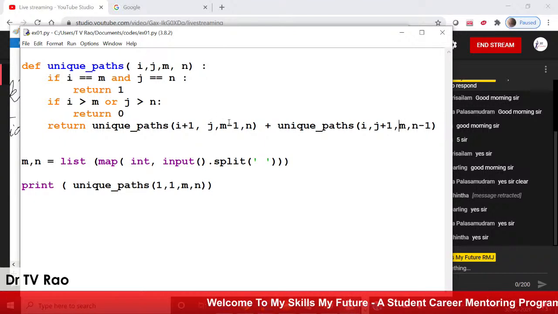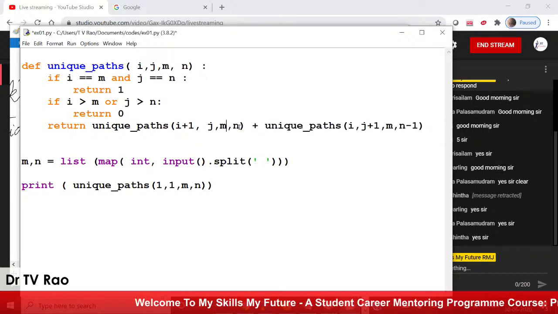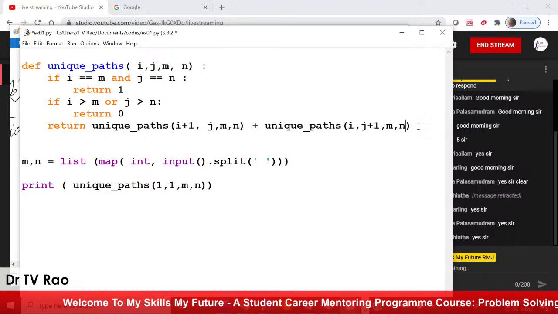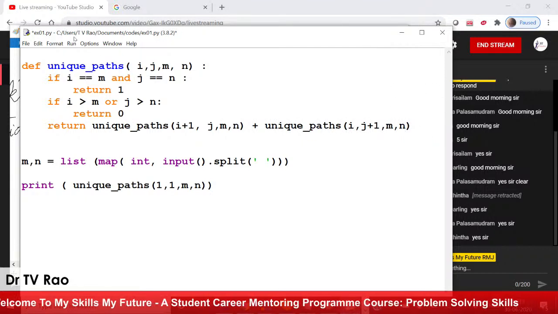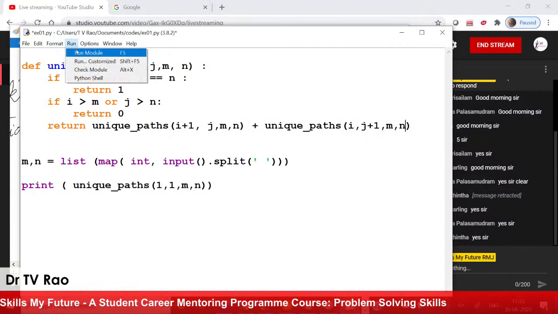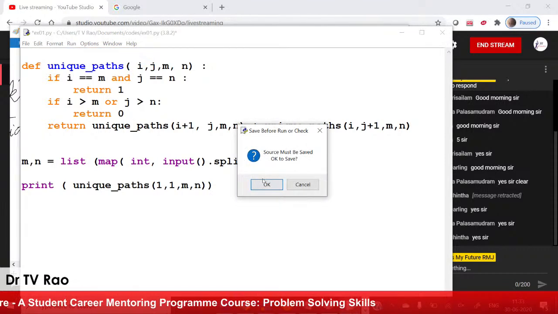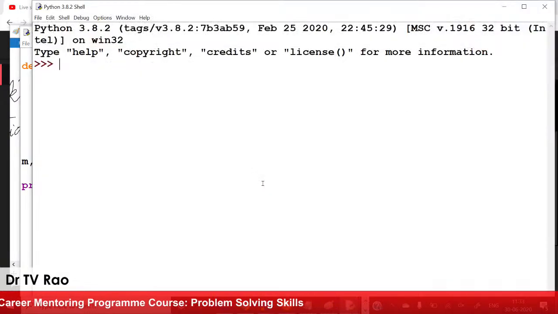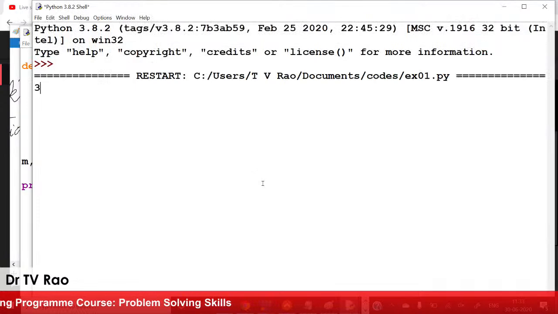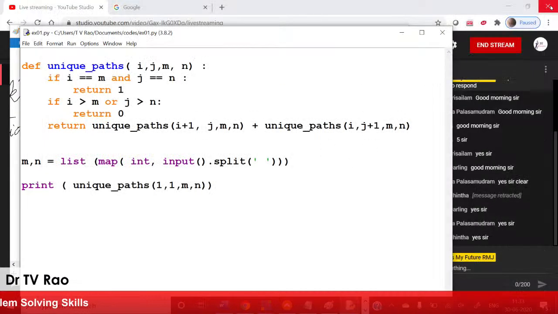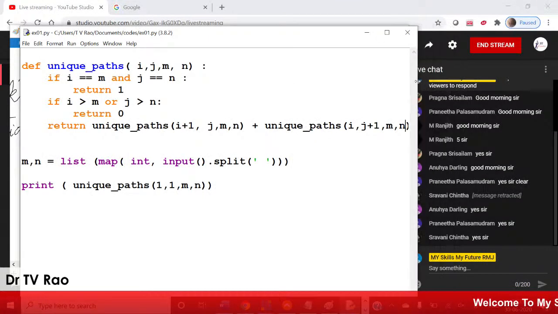This is M, N only. This is M and this is N. So I hope you understood both the approaches, top down and bottom up. Next, memoization.